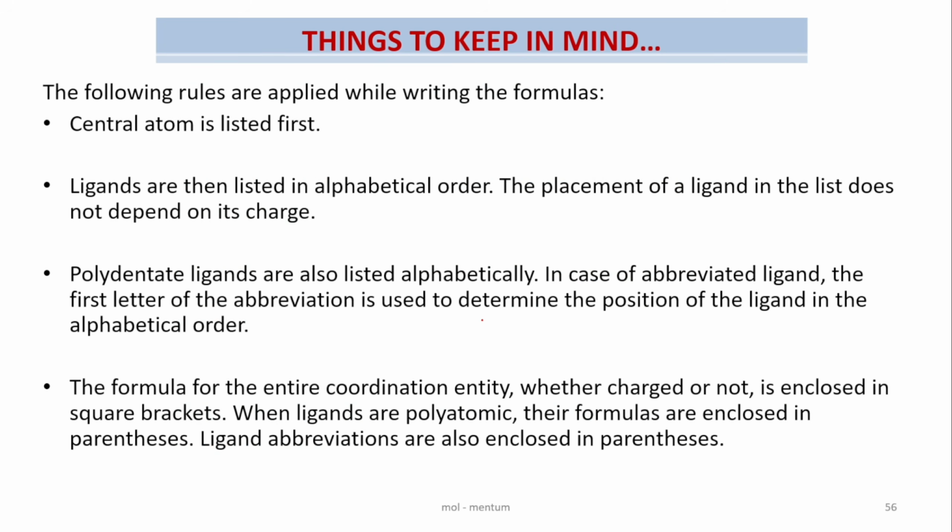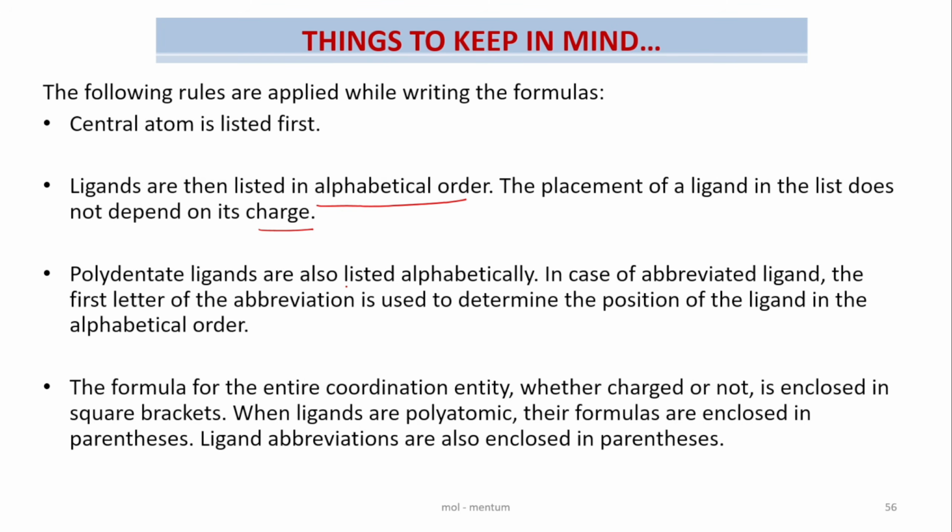Fine. So these are the things that you have to keep in mind. The central atom is listed first. Then ligands are arranged in alphabetical order, and the placement of a ligand does not depend on its charge. Rather, you have to follow the alphabetical order.